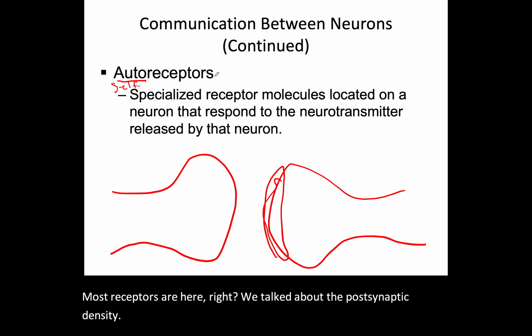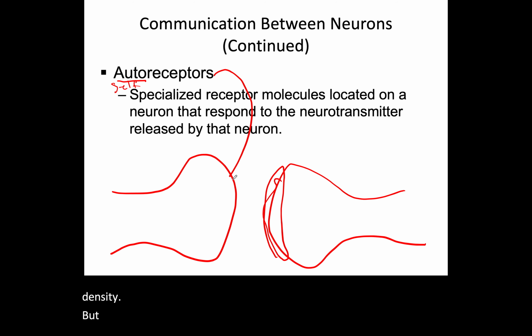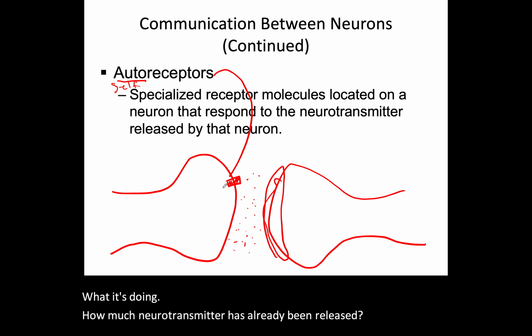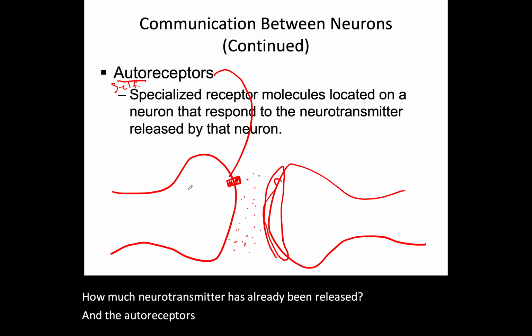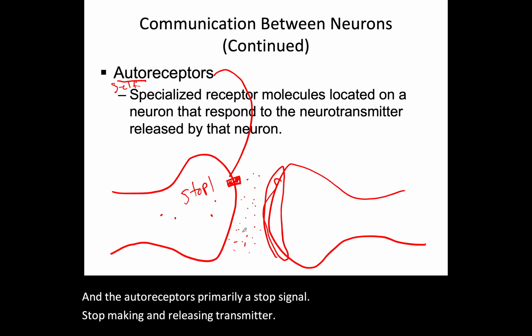But the autoreceptor is right here. And what it's doing, it's monitoring how much neurotransmitter has already been released. And the autoreceptor is primarily a stop signal. Stop making and releasing transmitter. We have enough.